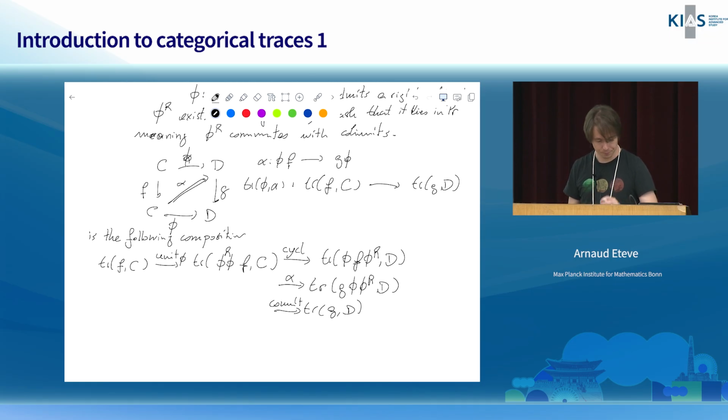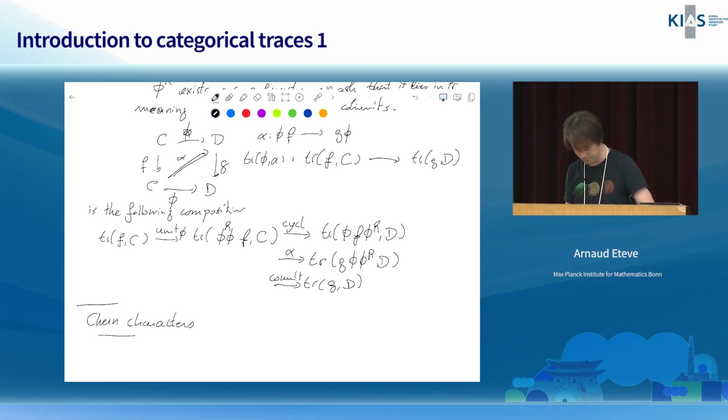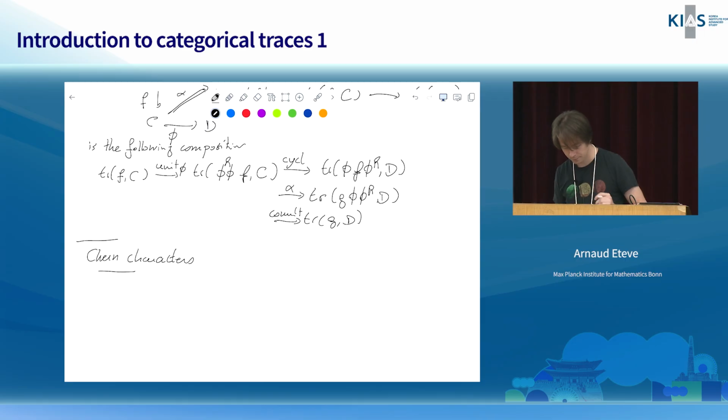All right. And one of the very important examples of this functoriality is the notion of Chern characters. So we'll take the following setup.